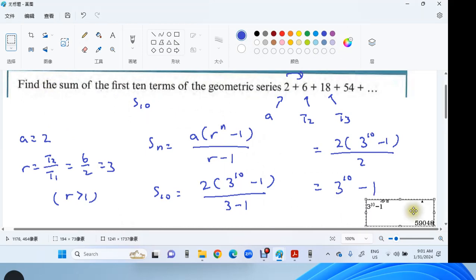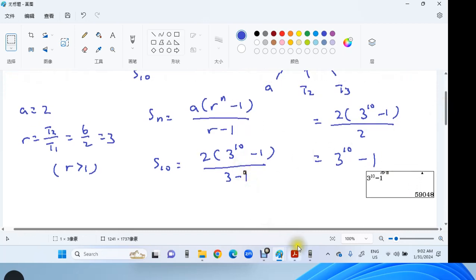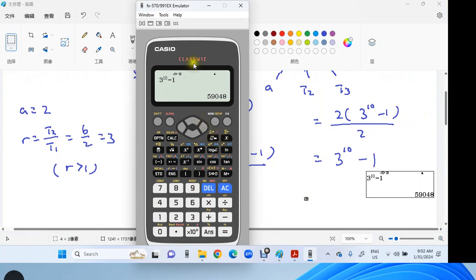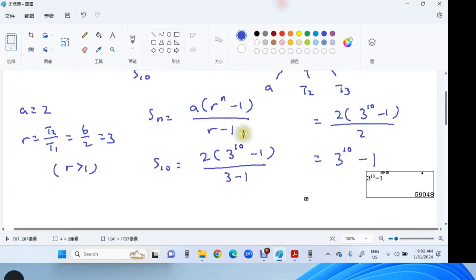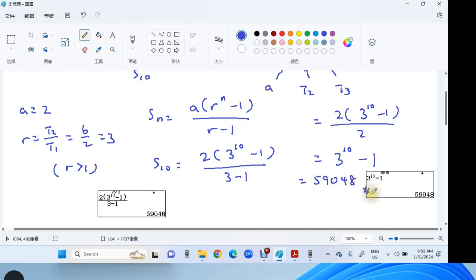Or actually over here we can straight use the calculator: 2 times (3^10 minus 1) divided by 3 minus 1. Both will give you the same answer. So the answer will be 59048.